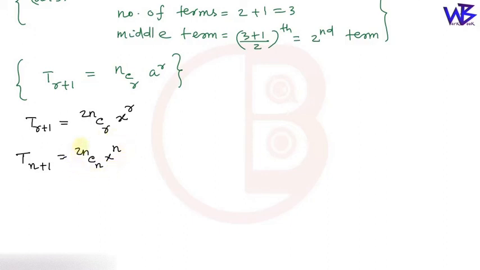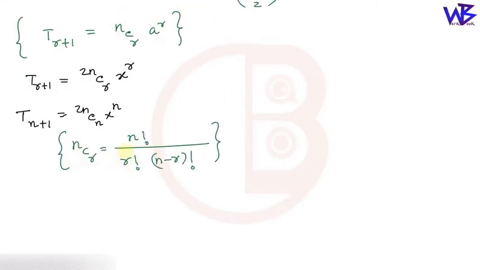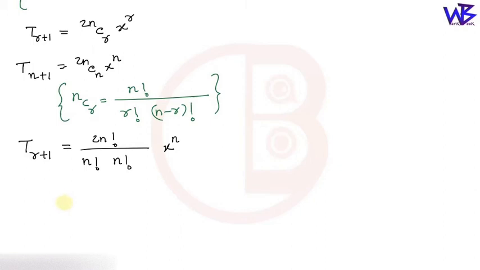Now we have to manipulate this 2nCn x^n to reach the final result, which is to be proved. Before that, let me inform you that nCr = n! / (r! (n − r)!). So in that fashion, I will expand 2nCn. T(r+1) will be equal to (2n)! / (n! (2n − n)!), and 2n − n is n itself, so n! n!, whole multiplied by x^n.